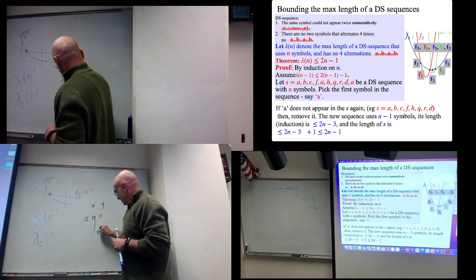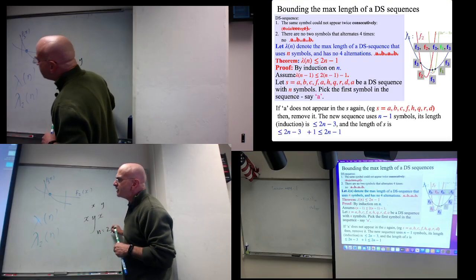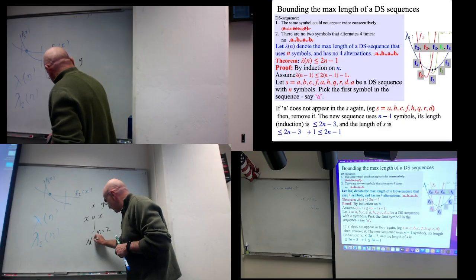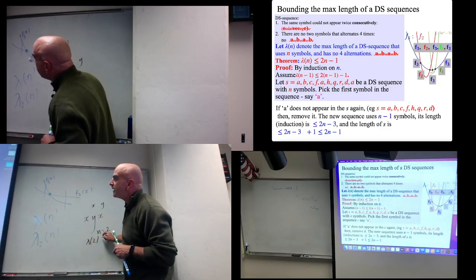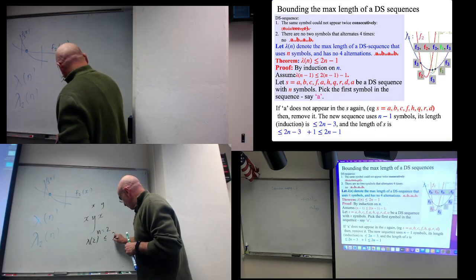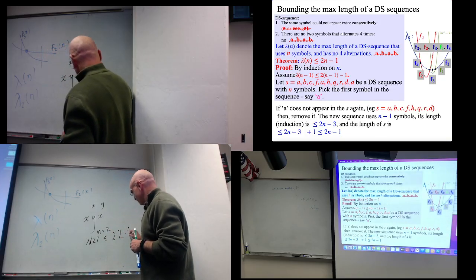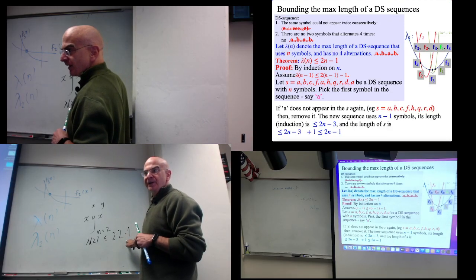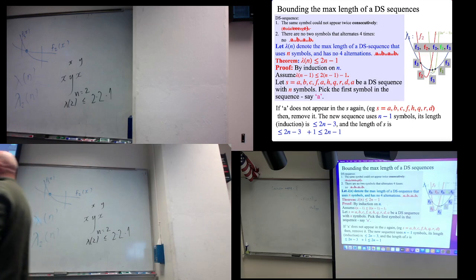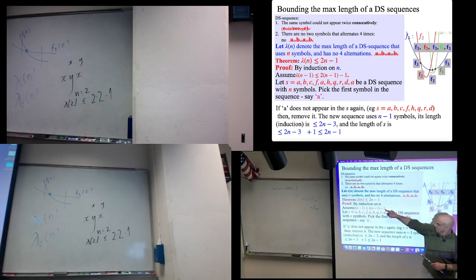So in this case, n equals 2, and lambda of 2, based on our claim, should be less than or equal to 2 times 2 minus 1. I think that I can now find that this is 3, which is exactly tight. So for n equal 2, correct.